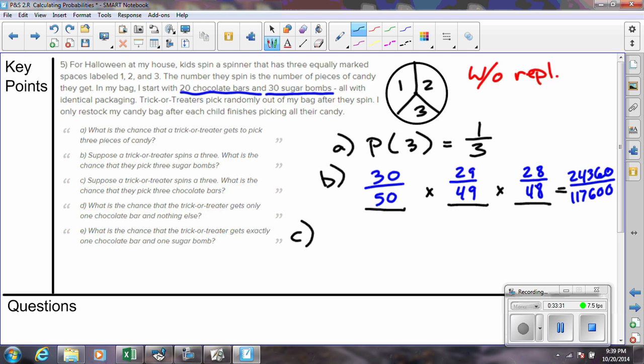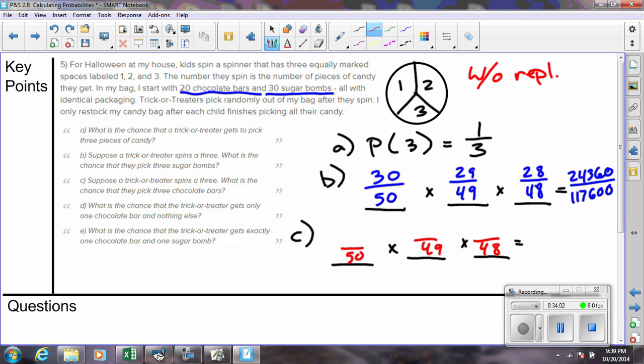Moving on to part C. Suppose a trick-or-treater spins a 3. Okay, so they spin a 3, so it's candy 1, candy 2, candy 3. What is the chance that they pick 3 chocolate bars? Okay, so once again, we've got 50, followed by 49, followed by 48. This sequence of 50, 49, and 48 comes from the fact that it's without replacement.